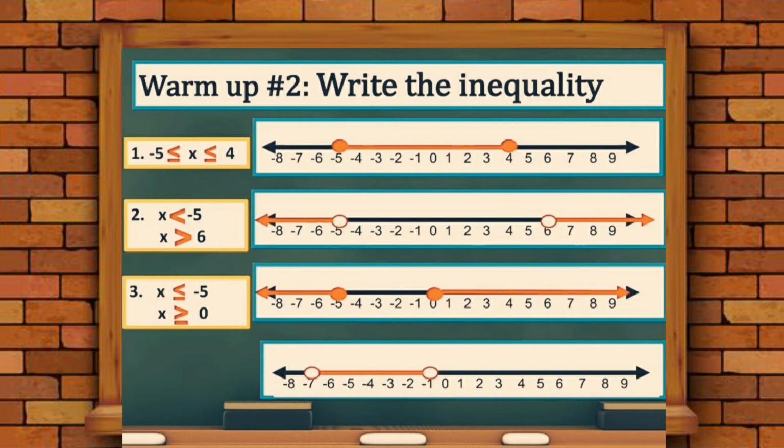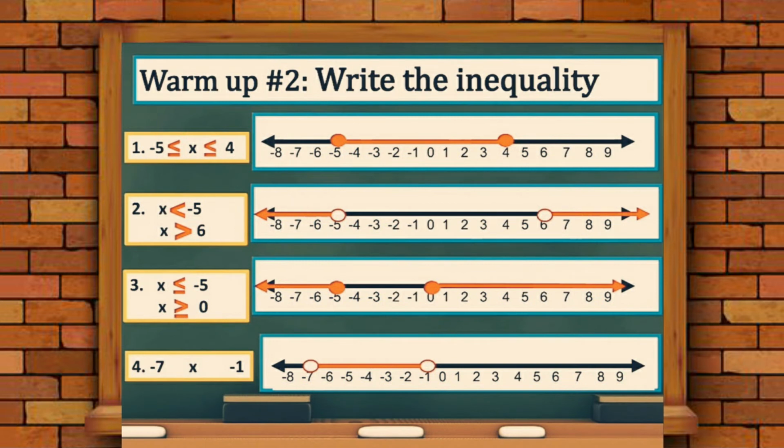Finally, the last number. For number 4, as we can see, it is joint solution again. So it means if we will write it down, it will also be together. And now we will put their boundaries. Then we will compare -7 to the value of x.